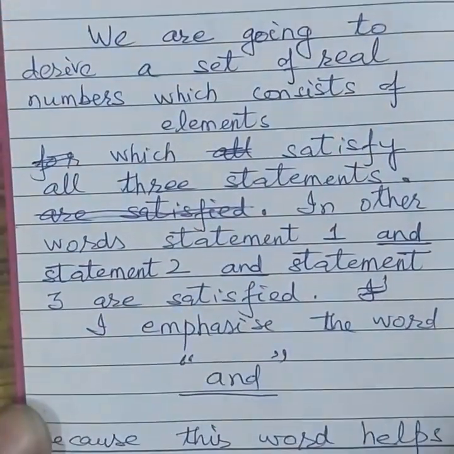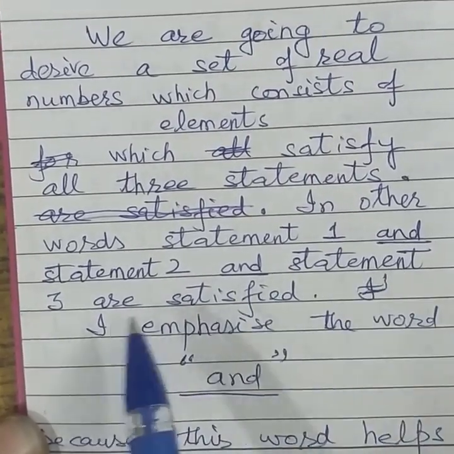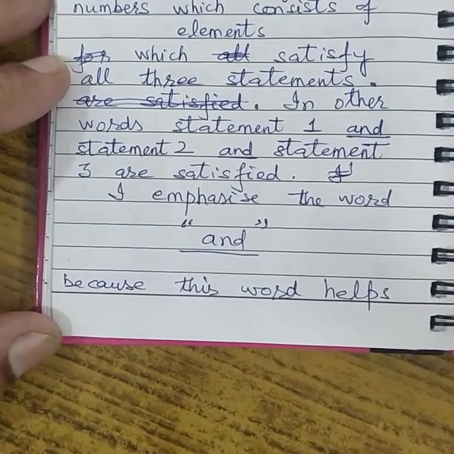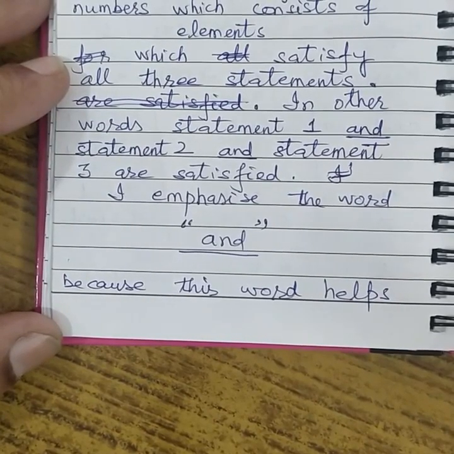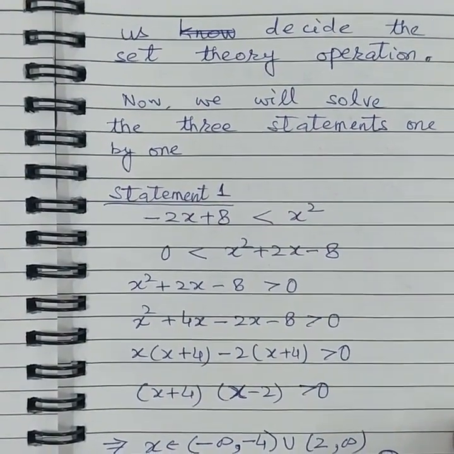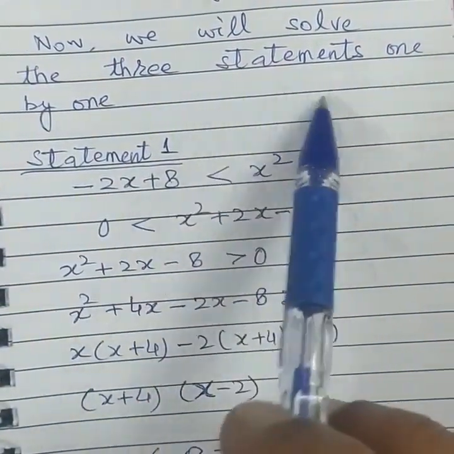In other words, statement 1 and statement 2 and statement 3 are satisfied. I emphasize the word "and" because this word helps us in deciding the set theory operation. Now we will solve these three statements one by one.